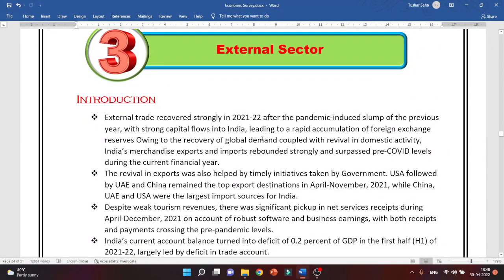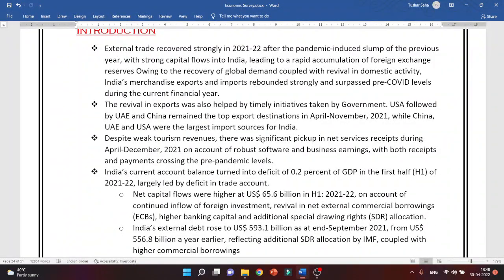Okay, so let us read this line. The revival in export was also helped by timely initiative by the government. USA followed by UAE. China remained the top export destination in April-November 21, while China, UAE and USA were the largest import sources for India.